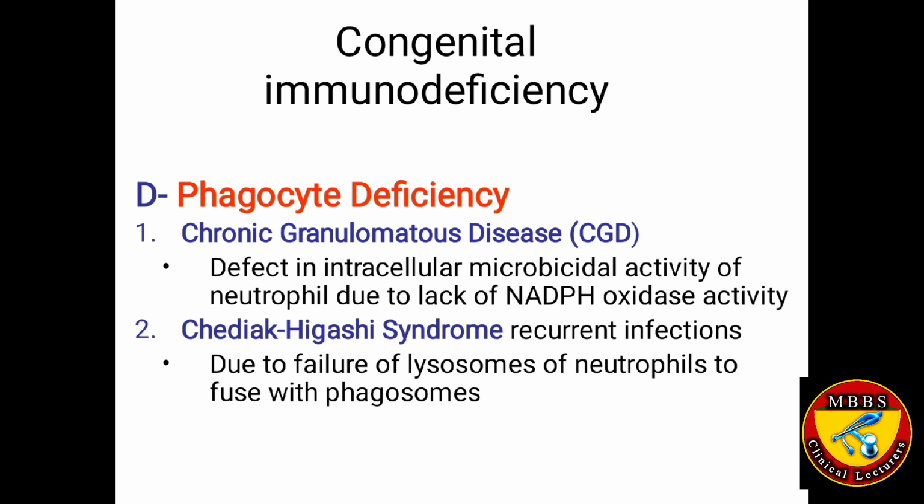In chronic granulomatous disease, there is decreased oxidative burst, and due to this, the intracellular microbicidal activity of the neutrophil is lost.